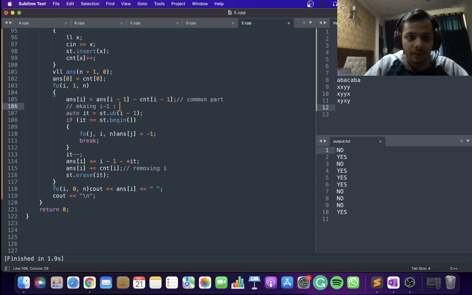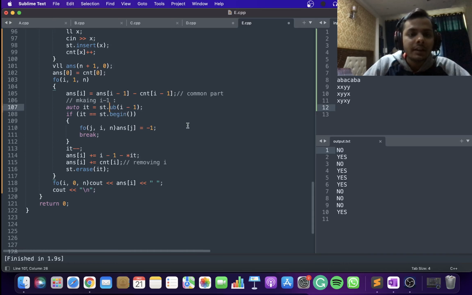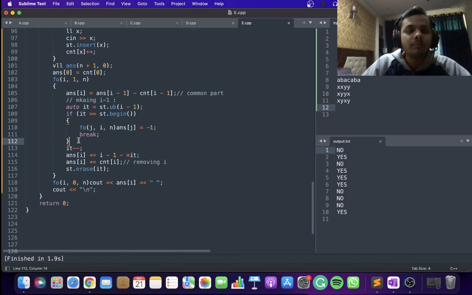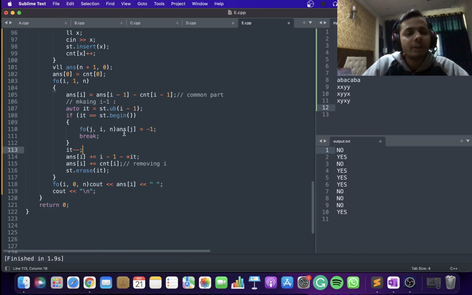To do that, first of all I'm finding the upper bound of i minus 1 in my multiset, and if that upper bound is equal to set dot begin, meaning that there is no element less than or equal to i minus 1 in my multiset, then for all the remaining indices the answer is going to be minus 1, and I can just break out. Otherwise I will do minus minus to find the closest element which is less than or equal to i minus 1, call this element j, and I will add i minus 1 minus j, that is i minus 1 minus star it, to my answer.